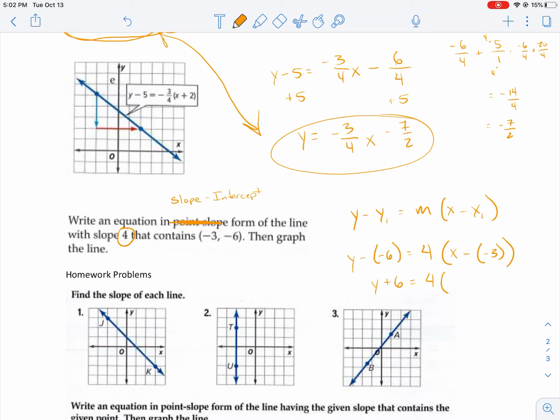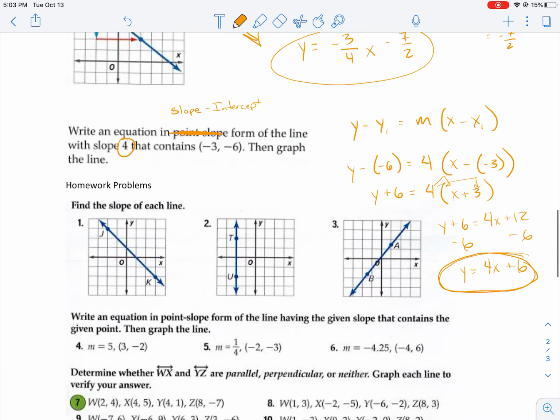We got 4 times x plus 3. All right, I'm going to distribute the 4. So I get y plus 6 is equal to 4x plus 12. Subtract 6, and we get y is equal to 4x plus 6. And that is the equation of a line with a slope of 4 that contains the point negative 3, comma negative 6. Okay, so we had to start at point-slope form in order to get to slope-intercept.